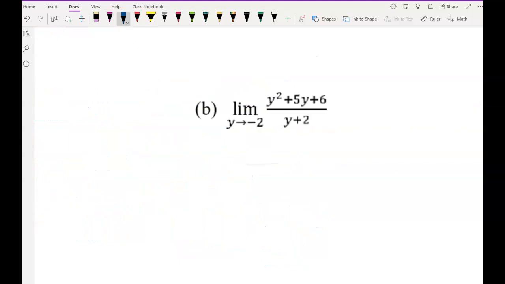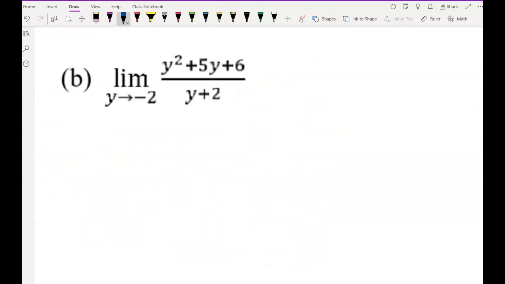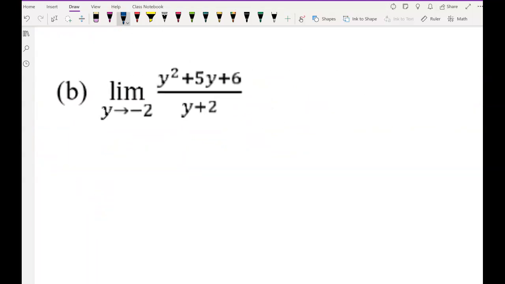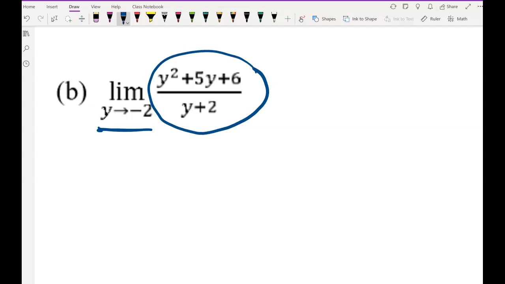Now let's go do B. As you can see here, in B, we can try to plug in -2, okay? So let's read it first. Find the limit as y approaches -2 of this function, y squared plus 5y plus 6 divided by y plus 2.